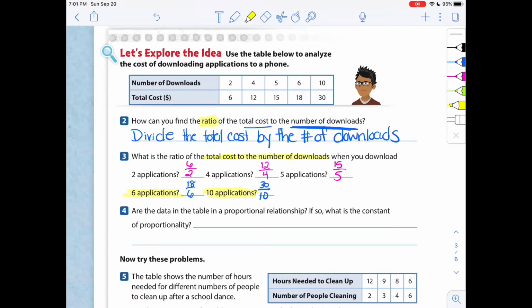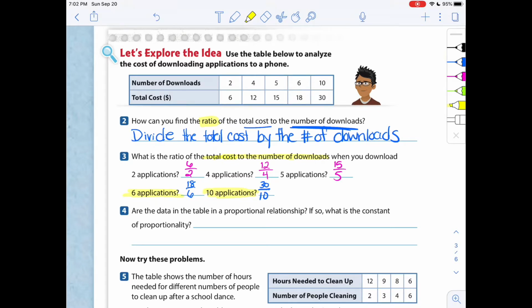Number 4 wants to know, are the data in the table in a proportional relationship? If so, what is the constant of proportionality? Remember, to determine if it is proportional, when we divide, we should get the same thing throughout every ratio.